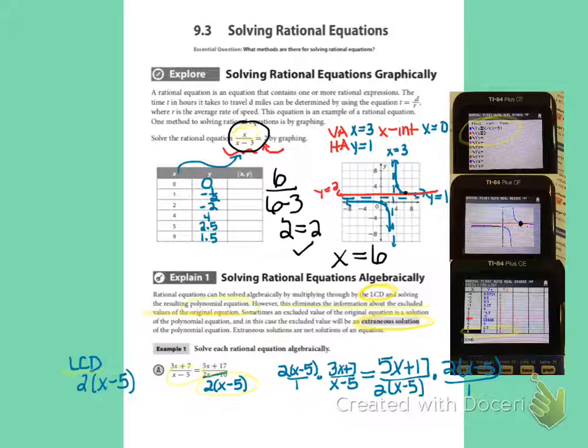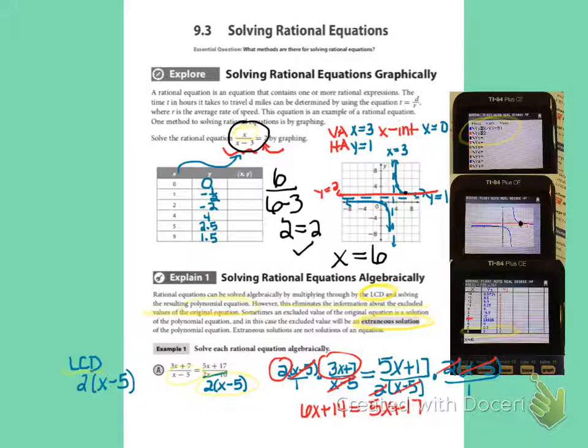So now you can see that I have an x minus 5 here on the left-hand side that can cancel out with that x minus 5. And what's remaining now is 2 times 3x plus 7, which is 6x plus 14. And then on the right-hand side, I can see that I have the x minus 5 that cancels, also the 2's that cancel, and I'm left now with 5x plus 17, and that's quite an easy linear equation to solve from there.